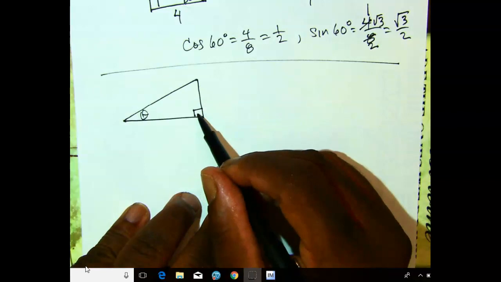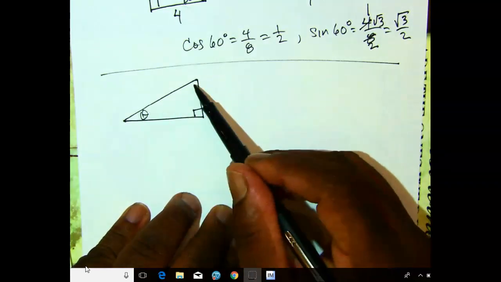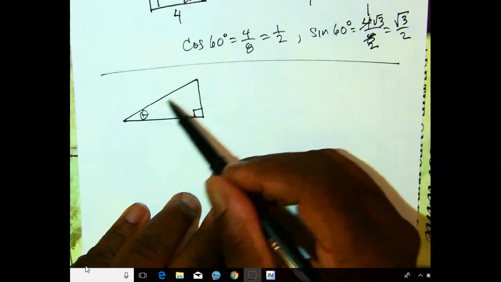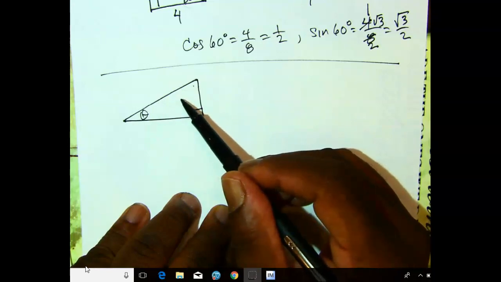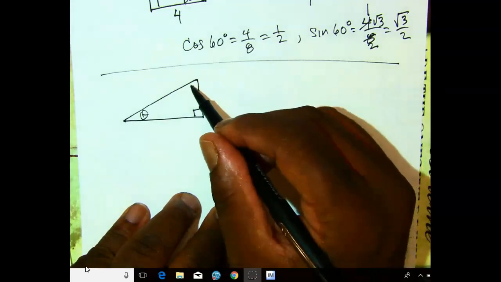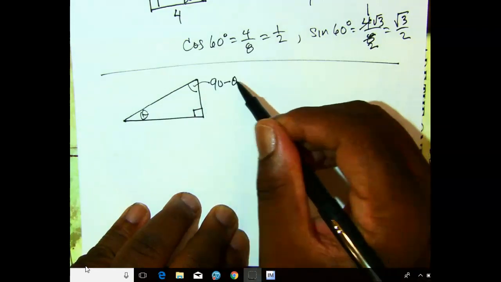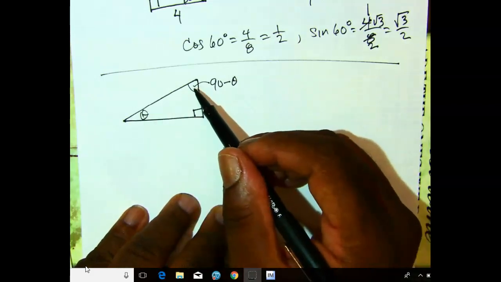So this angle here is 90 degrees, which means that the sum of the remaining two angles must equal 90 degrees, because these two angles together plus this 90 will give us the 180. So this angle here, we know that it's 90 minus theta. So whatever theta is, this angle is going to be 90 minus theta.